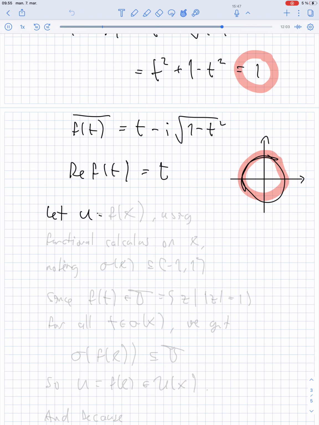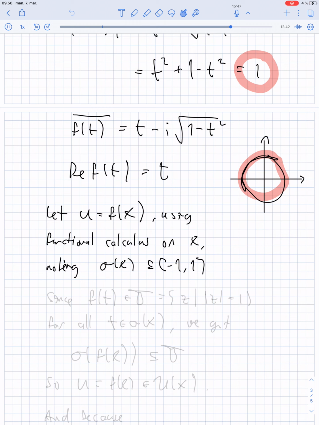u be the same as f of x, where I'm using functional calculus on x, noting that the spectrum of x lies inside the interval where I define my f, right? Because x is a self-adjoint element, so that means that the spectrum is real, and its norm is less than 1, so that means that the spectrum has to be between minus 1 and 1.